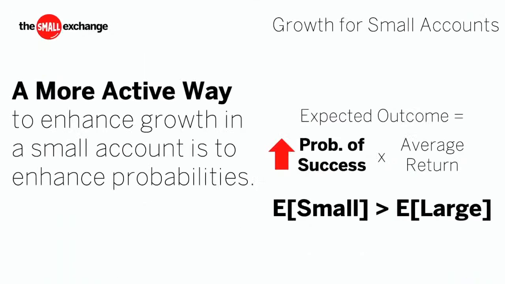As long as you're getting a greater probability of success than that stock market, or you're getting a greater average return, your growth in your small account is going to beat that large account. You're going to get closer to the place that you want to be years down the line in a faster fashion than passively adding a couple $100 with those passive stock investments.